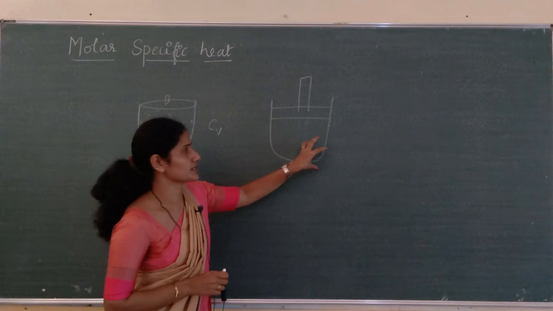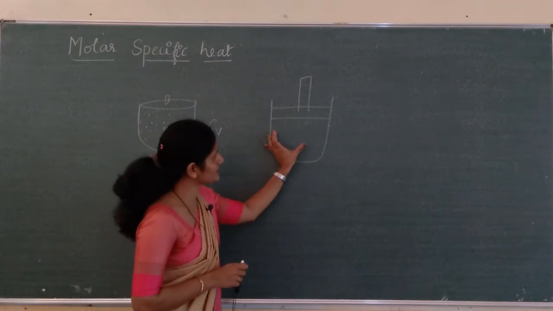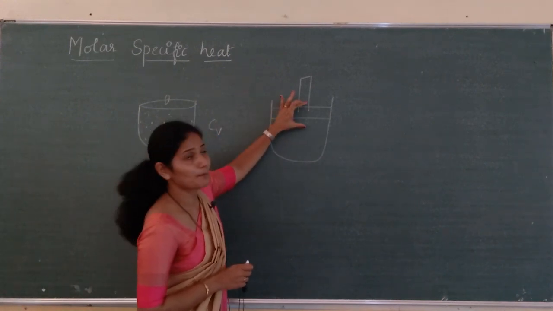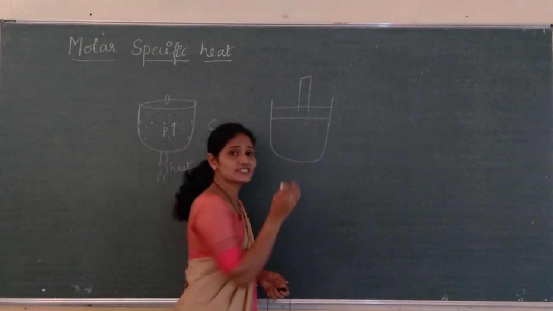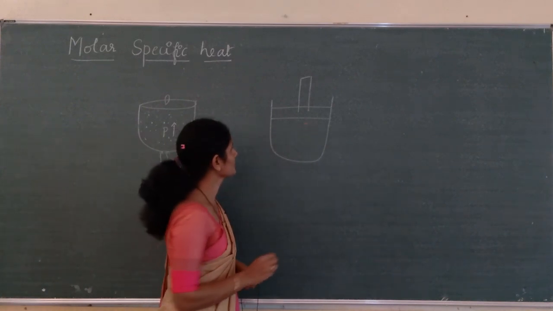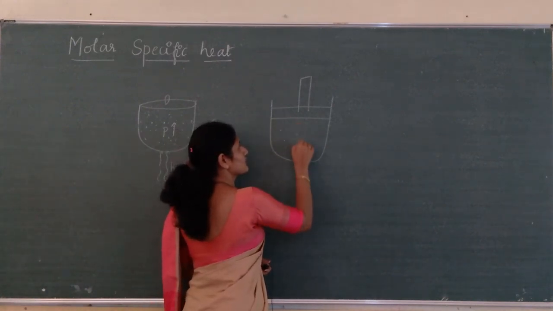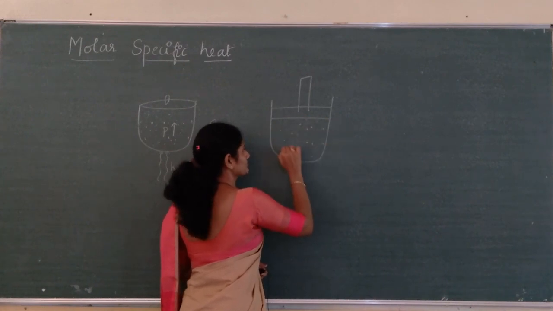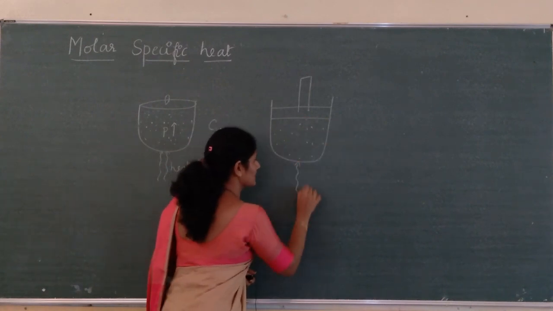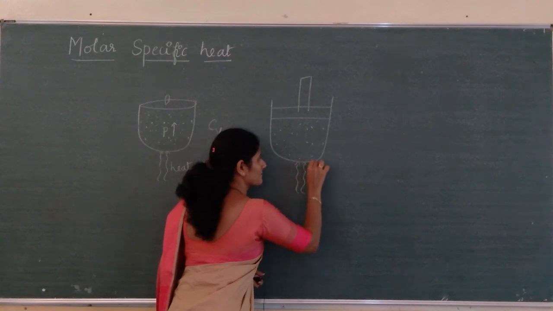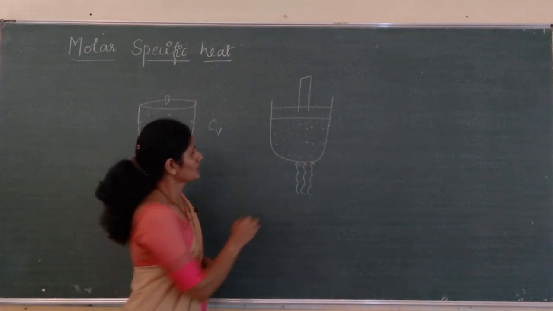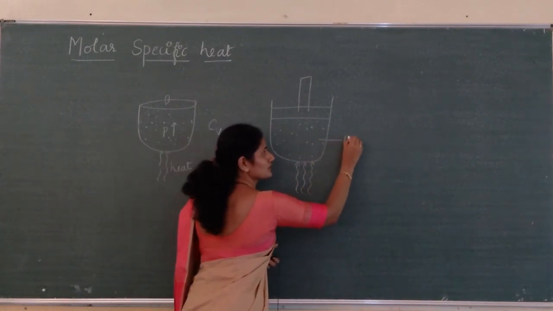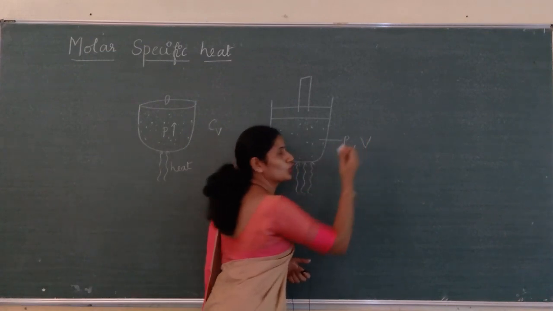Pressure remains constant. For that, we are taking a system in which we have a piston, and this piston is movable. Inside the system we have gas molecules. We are supplying heat energy. So, what happens to pressure and what happens to volume of the system?